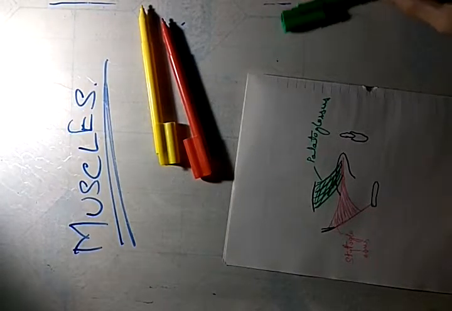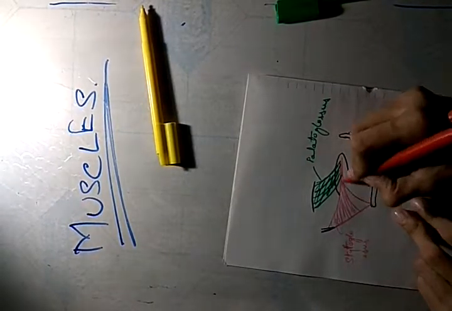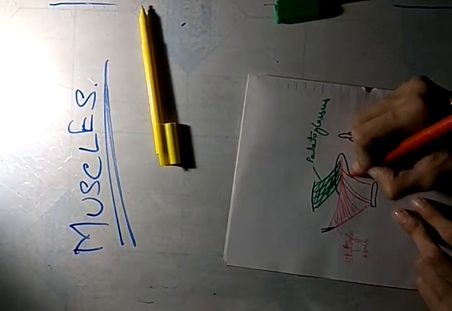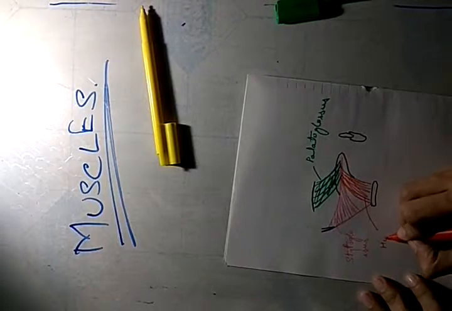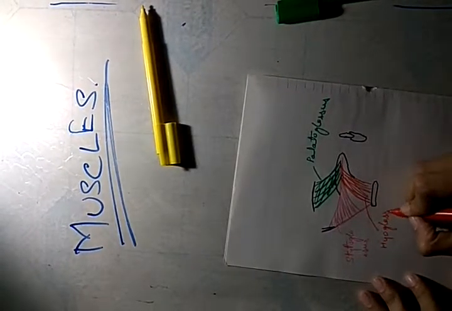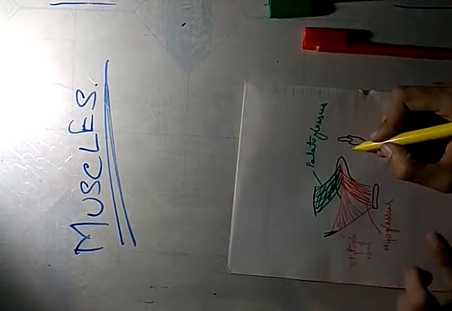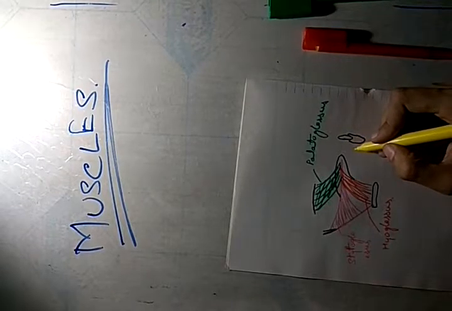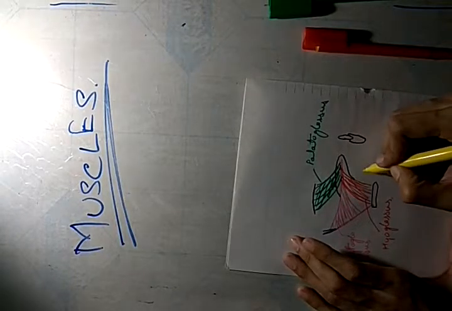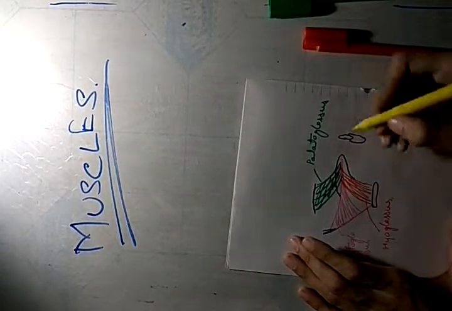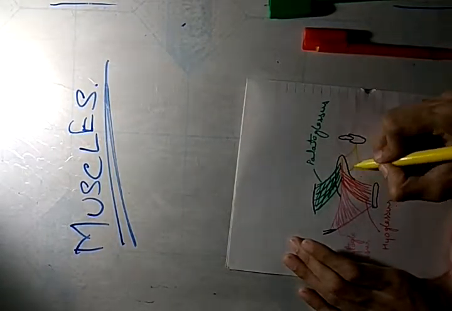Then the next muscle that we have is hyoglossus, from hyoid bone to tongue. Then lastly genioglossus. Why did I say we have to make an incisor? Because our genial eminence is here. From there the muscle is attached to both the tongue and the hyoid bone. So make this and this.